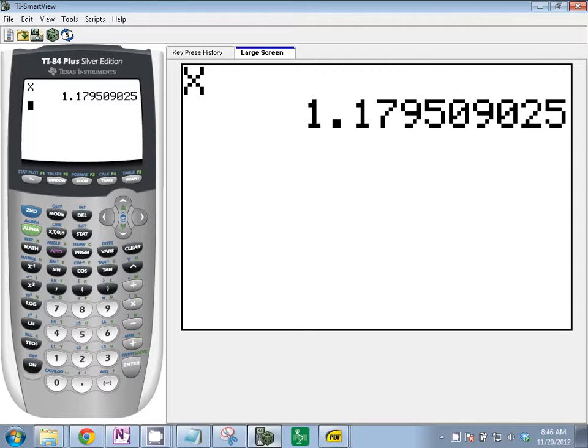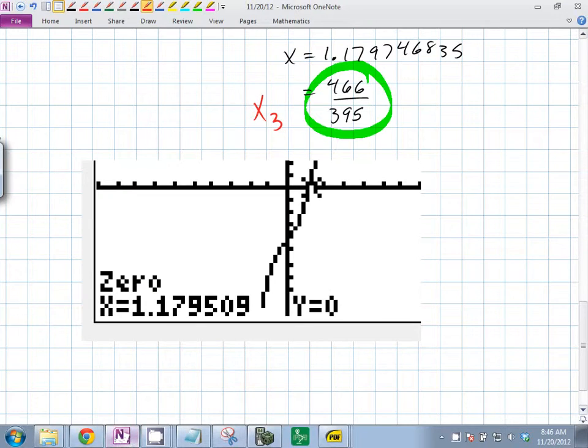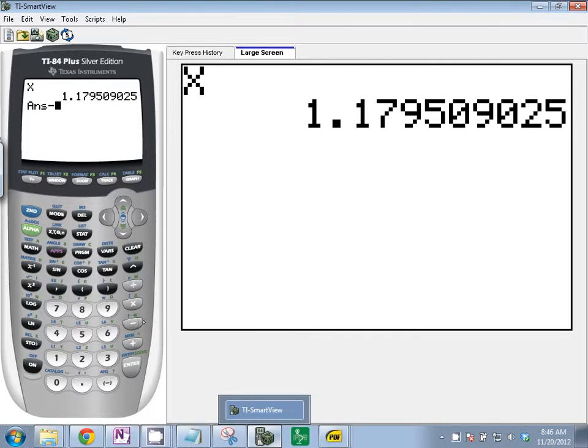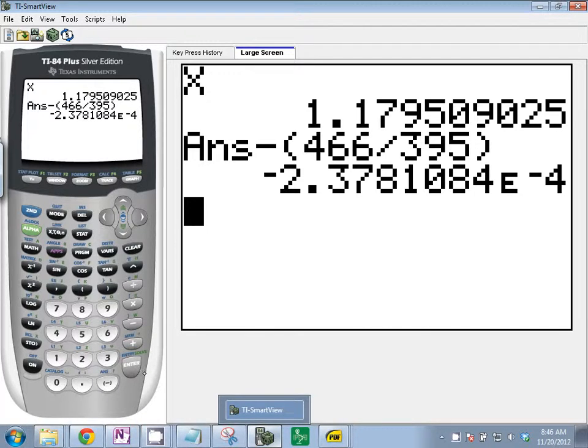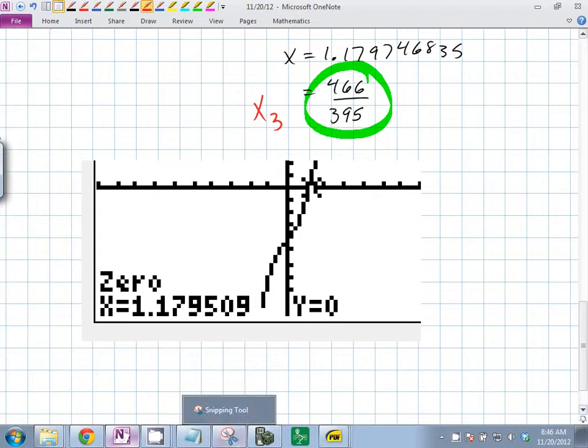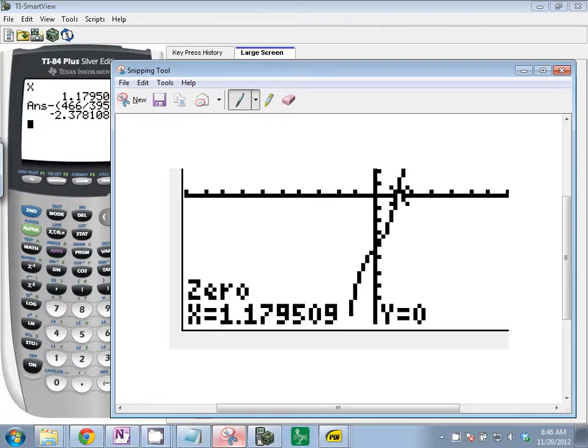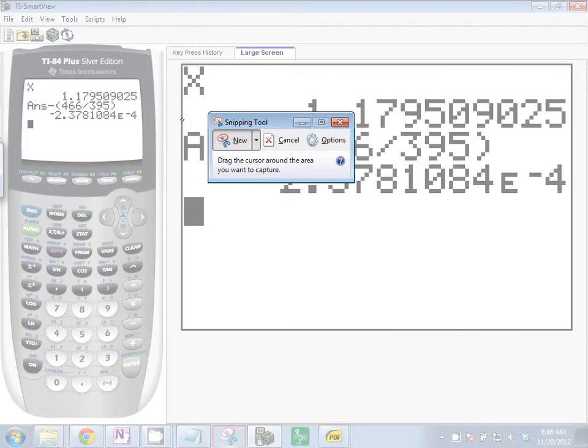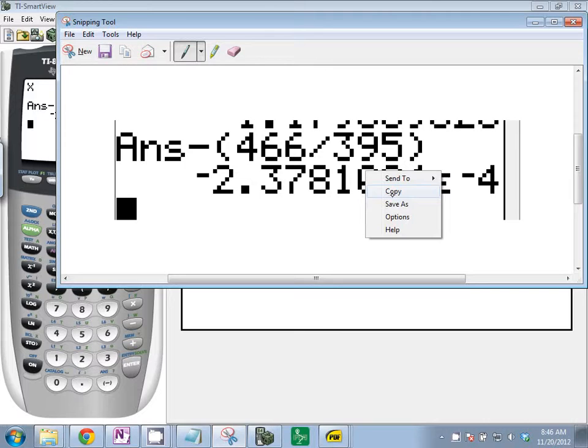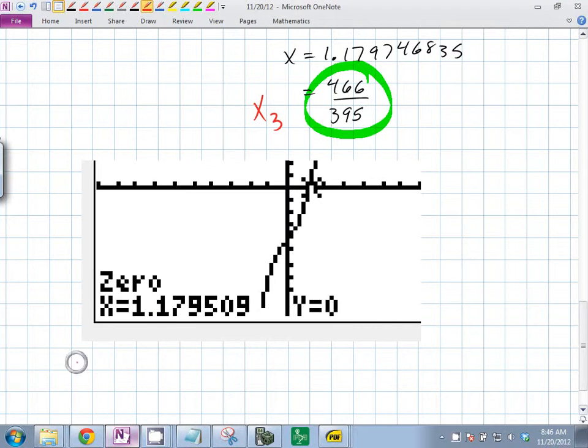What was the fraction? It was 466 divided by what? 395. Minus what? 466 divided by 395. So how close are we? We're pretty close. We are very, very close. So that tells us, do we have an overestimate or an underestimate?